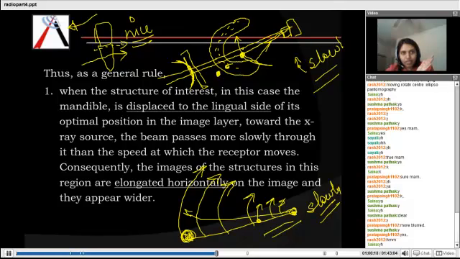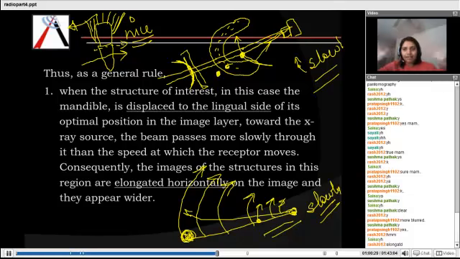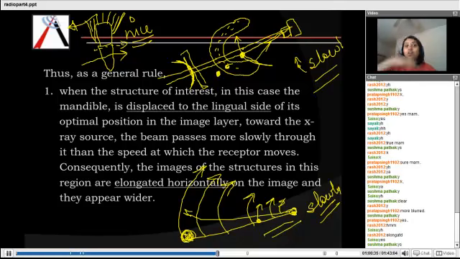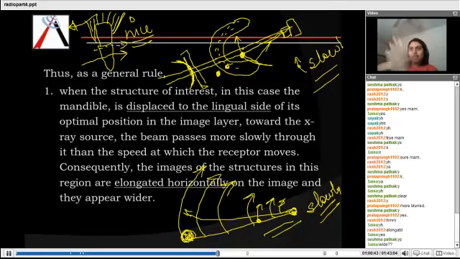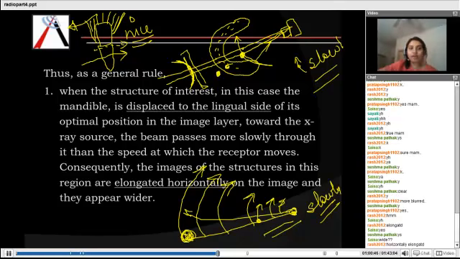Now when the image is forming, the image receptor has moved so much that you get a horizontally elongated image. Getting the point? Horizontally elongated image. It's not just elongated, it's horizontally elongated, because the X-ray is going so slowly. Yes, it's wide. Horizontally elongated is nothing but wide.